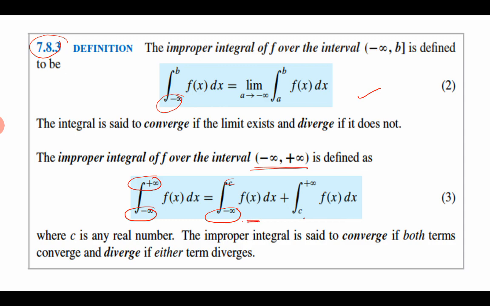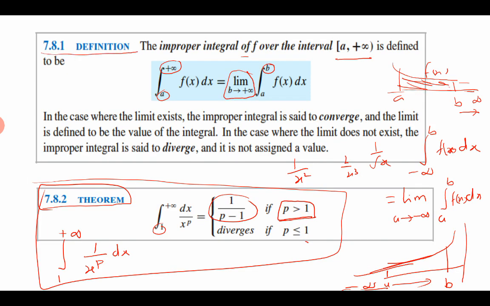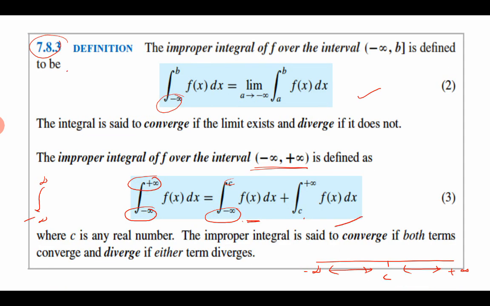We separate the real line from negative infinity to positive infinity into two parts, with a c between them. In the first part, the first integration takes place. In the second part, c to positive infinity, the second integration takes place. The first part can be done by using definition 7.8.1, and the second part by using 7.8.3. The improper integral is said to converge if both the terms converge. If one of them diverges, the entire integration diverges.